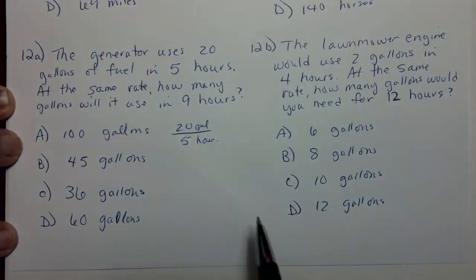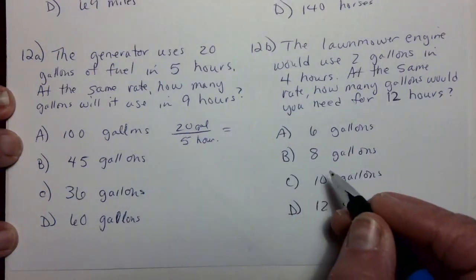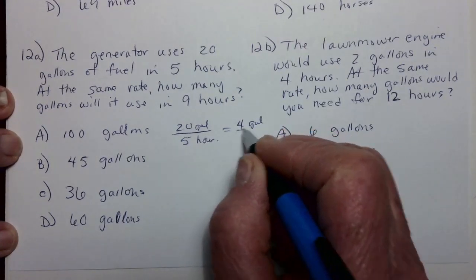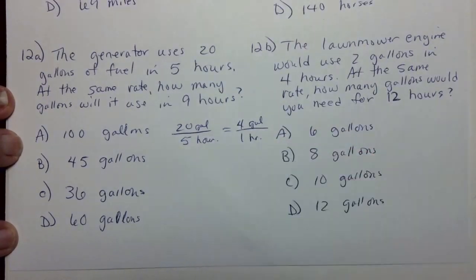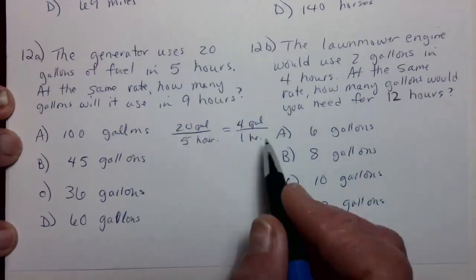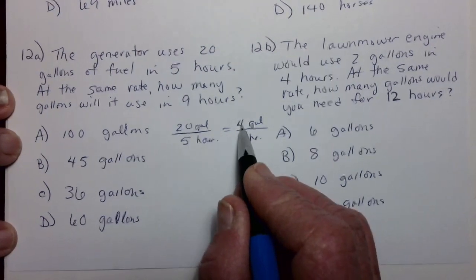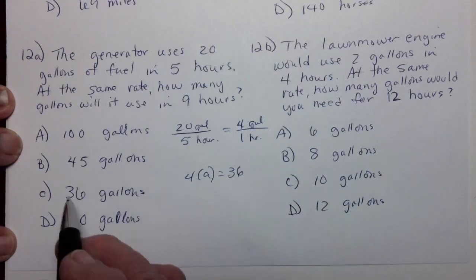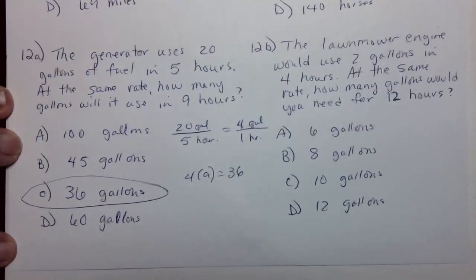Well, we're going to divide that to see how many gallons in 1 hour. So 20 divided by 5 is 4, so that's 4 gallons in 1 hour. Now, we want to do that for 9 hours. So multiply that 4 by 9. 9 times 4 is 36. So it must be C.